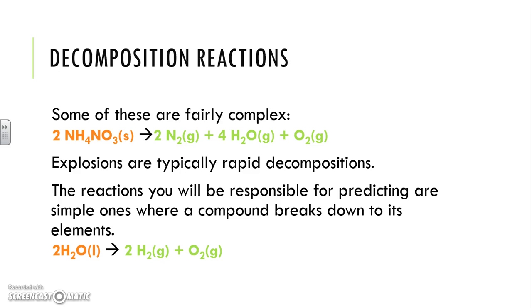Some of these decomposition reactions are fairly complex. In the example here, we have ammonium nitrate decomposing to form nitrogen gas, water, and oxygen gas. And this is actually an explosive reaction, and many other types of explosions are also rapid decompositions.